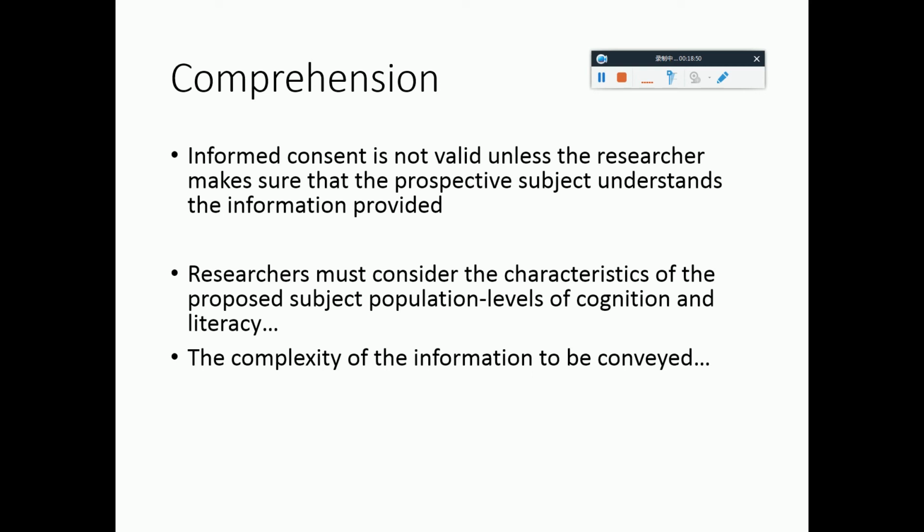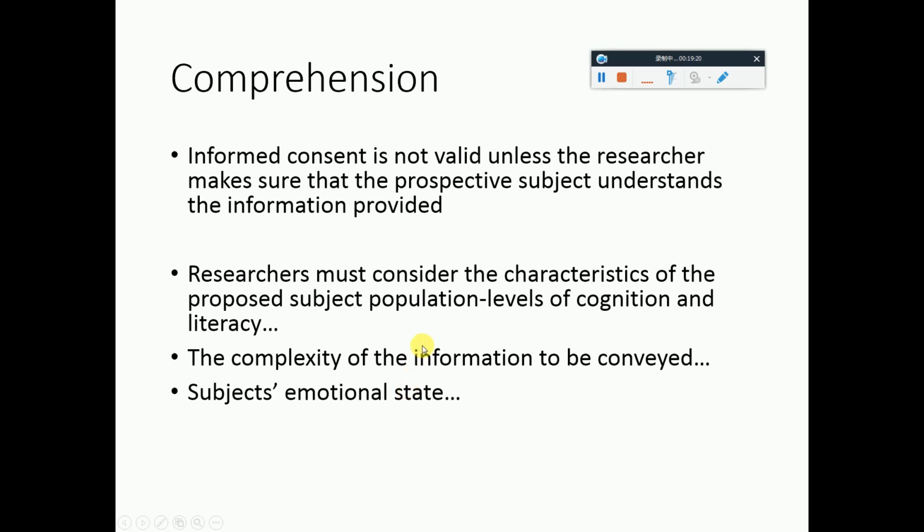Another consideration is the complexity of information, right? You must keep everything simple. If, for example, you're dealing with kids, right? Because kids, even American kids, can perfectly understand the amount of words they were able to master at their age level, but they probably cannot understand very complicated ideas, so you must tone down the complexity of the information you're going to present to them.